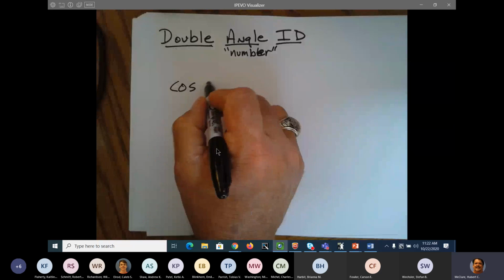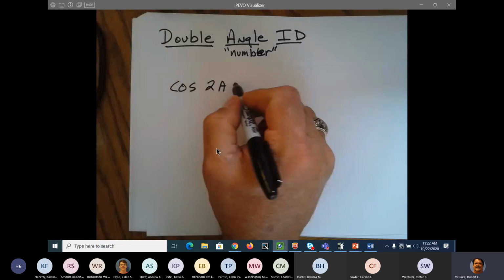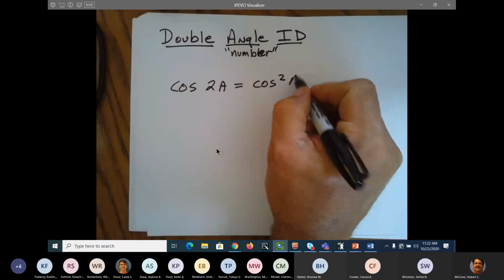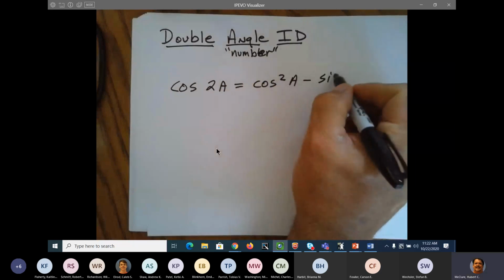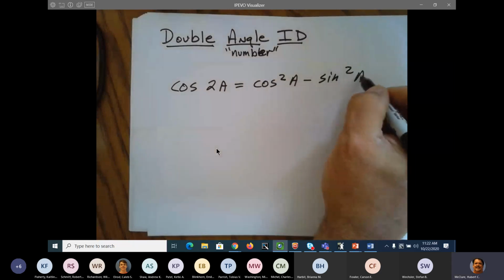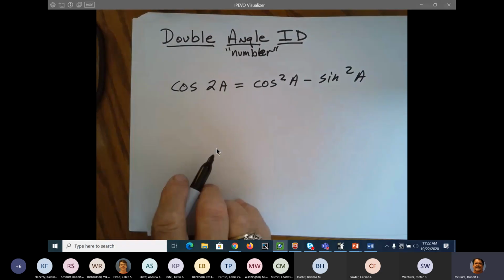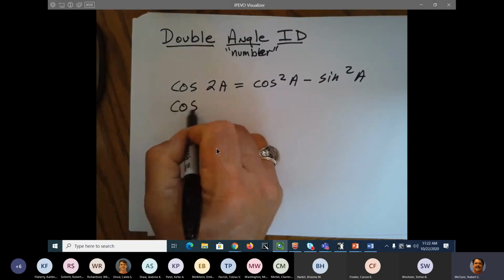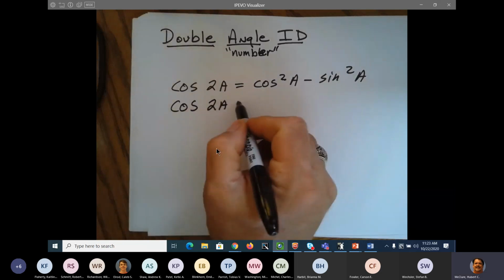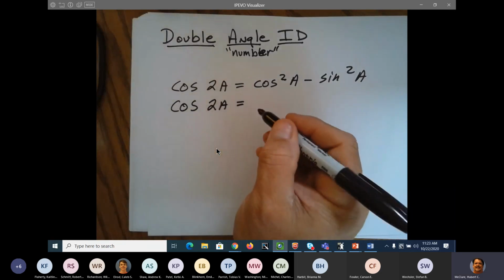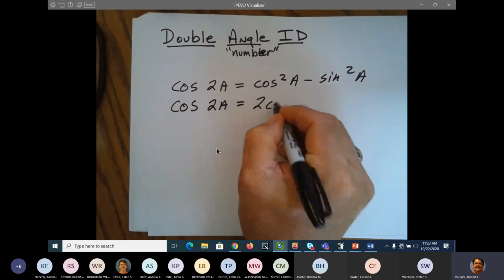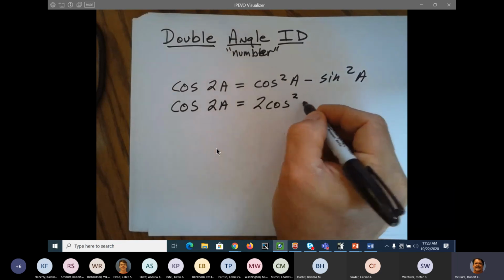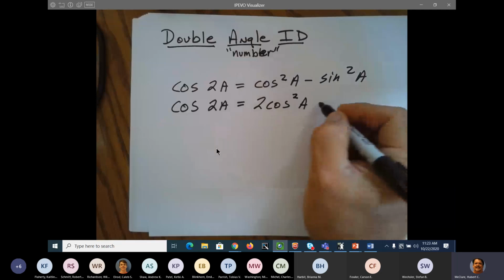Cosine of 2A or 2 theta, whatever, is equal to cosine squared minus sine squared. And of course, you see that coming from the Pythagorean. Cosine of 2A, and for cosine there are 3 different ones: 2 cosine squared theta, alpha, whatever, minus 1.